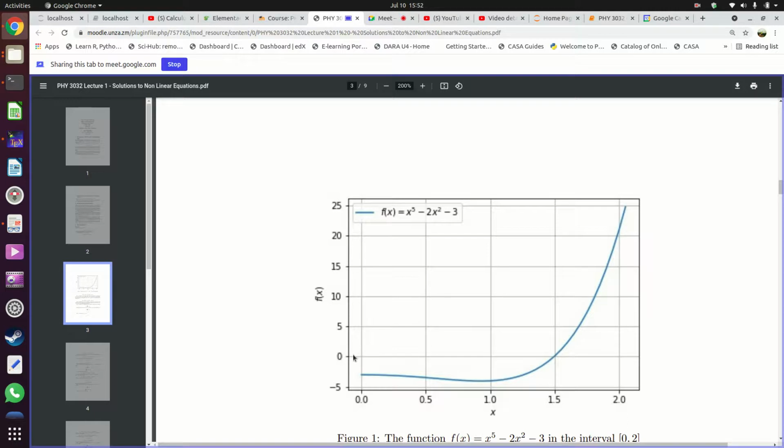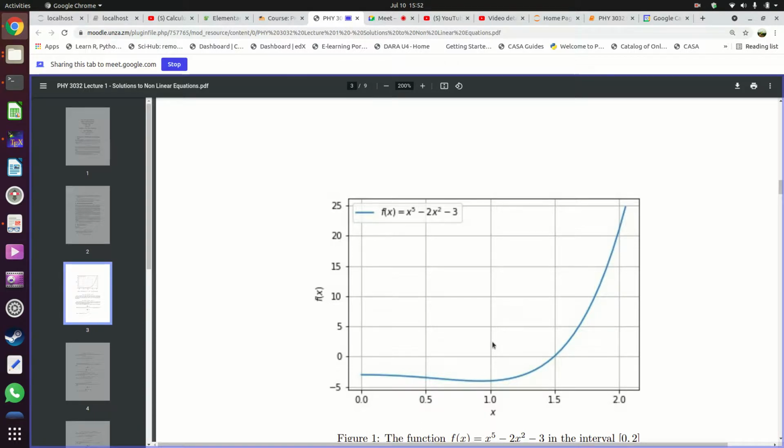If there is no answer between a and c, then we can make a become equal to c. Because a is the lower boundary of the bracket and b is the upper boundary. So if between a and c there is no answer, then we make a become equal to c, so that we have a new lower boundary. Here our lower boundary was 0.